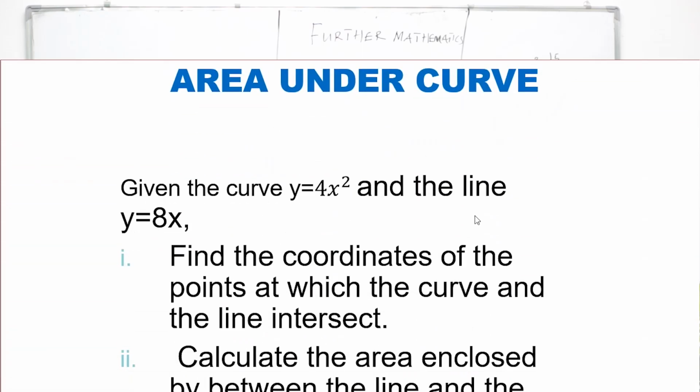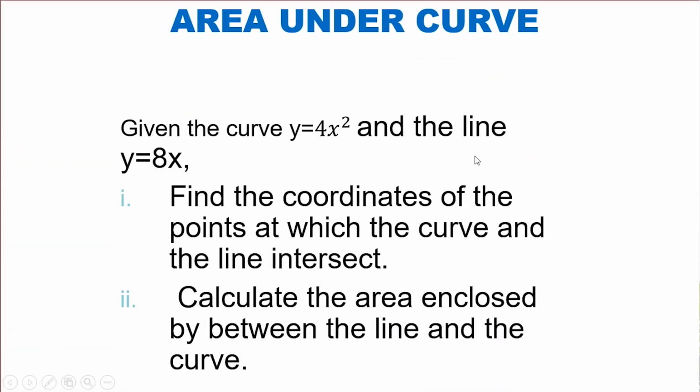If such thing can come in, they say find the ordinates of the points at which the curve and the line intersect, then calculate the area enclosed between the line and the curve. Okay, two different things altogether.